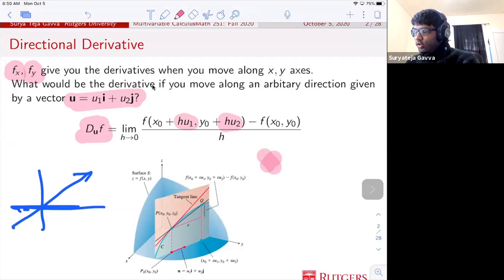As you move along that line, the change in f is the numerator and h is the denominator. Now you want to understand what this limit is. That's called the directional derivative. You're trying to move along a vector, a direction other than the x-axis, and you want to know what the rate of change is.